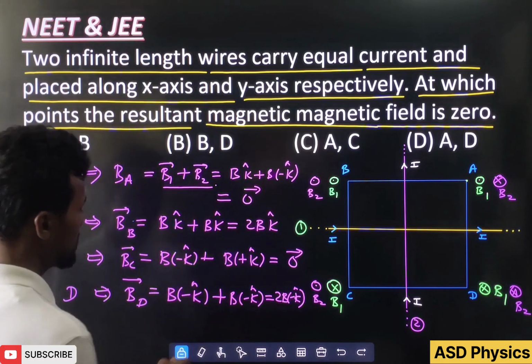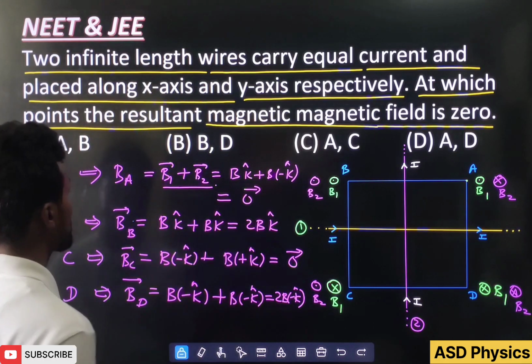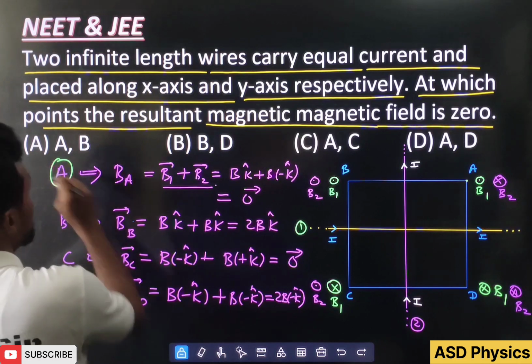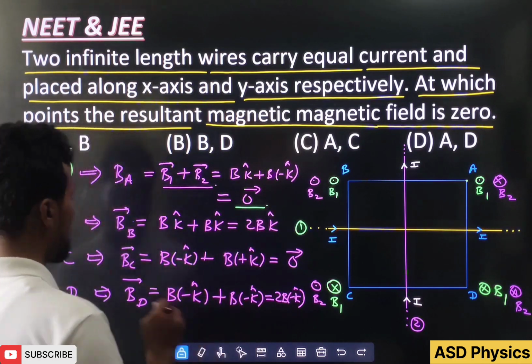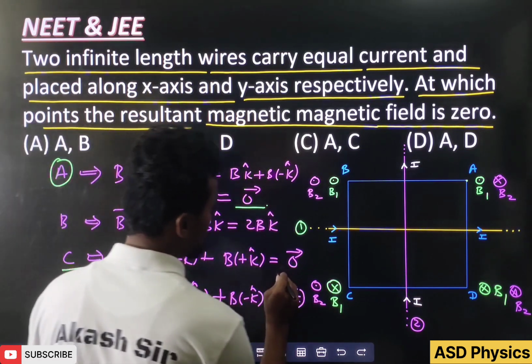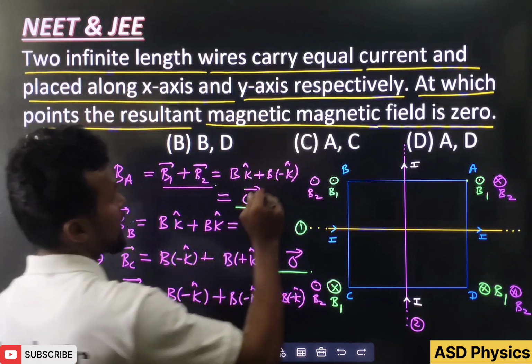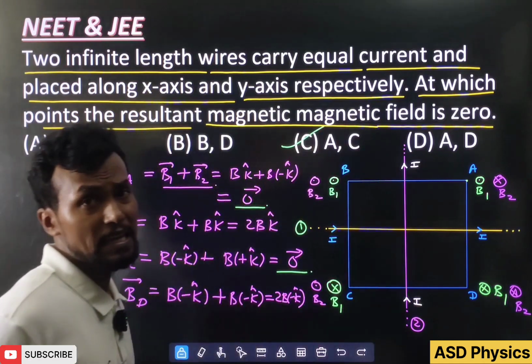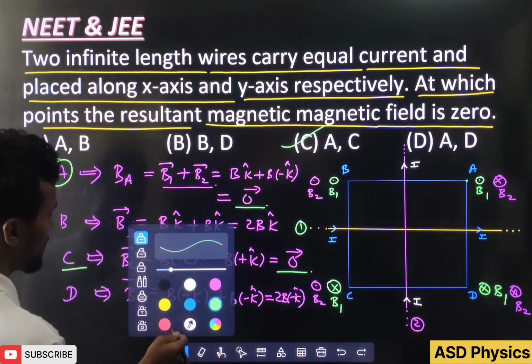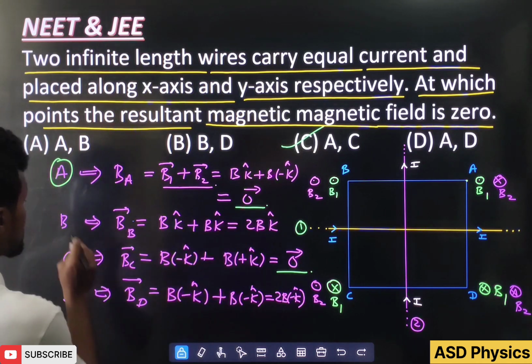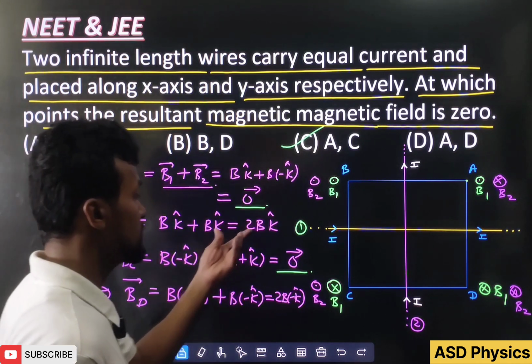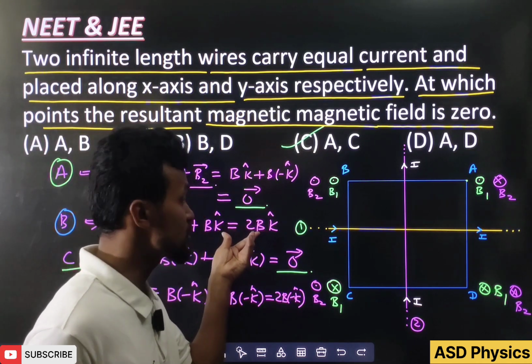Now they are asking where the magnetic field is 0 in the question. So see here, at point A, magnetic field is coming 0. And at point C also, magnetic field is coming 0. So here anyhow the option is there, A comma C. But if I talk about point B, you can see at point B the magnetic field is the strongest, and outside.